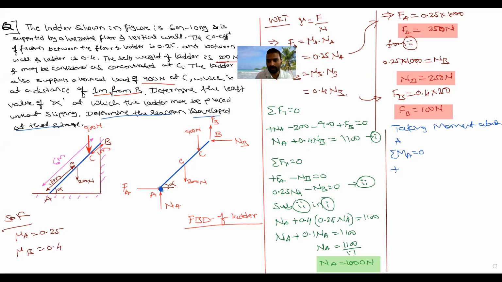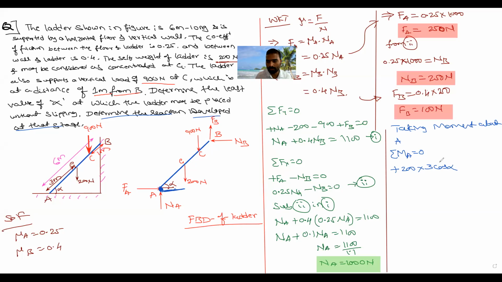Force is 200 Newton into the distance from A to G. A to G inclined length is 3 meter, but I want the perpendicular distance. That is the base, so cos. 3 cos alpha.